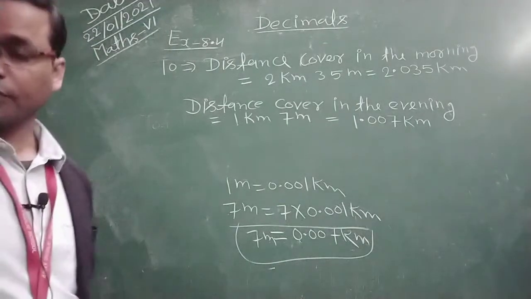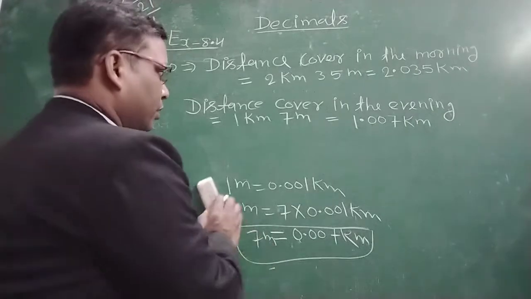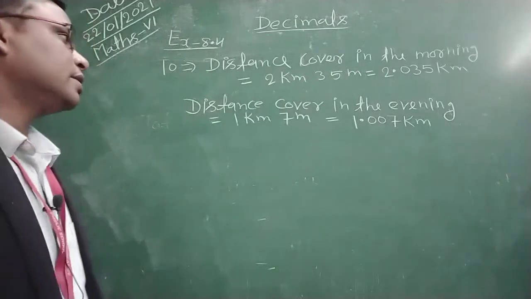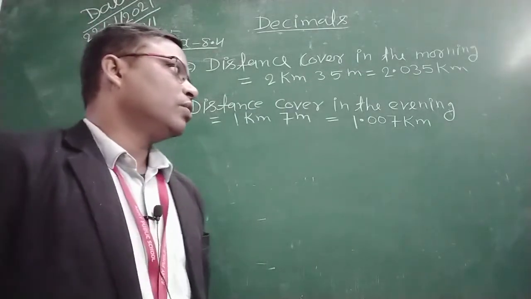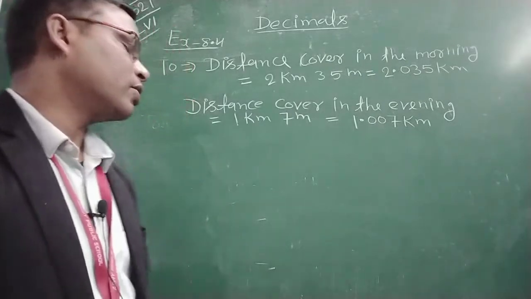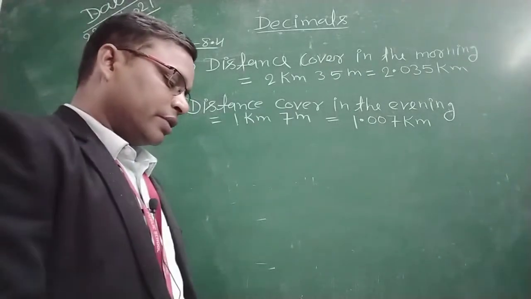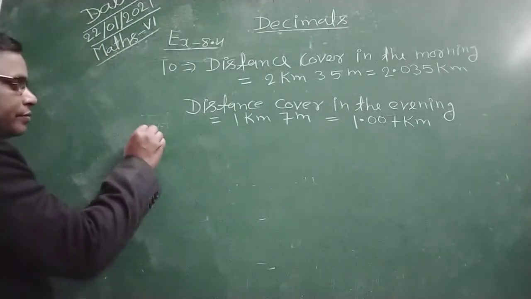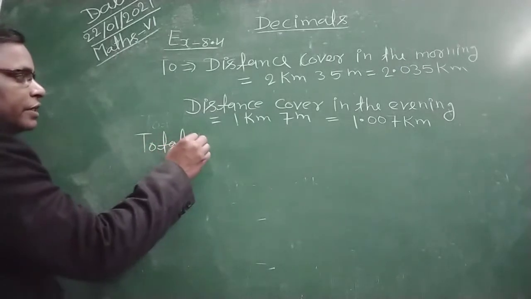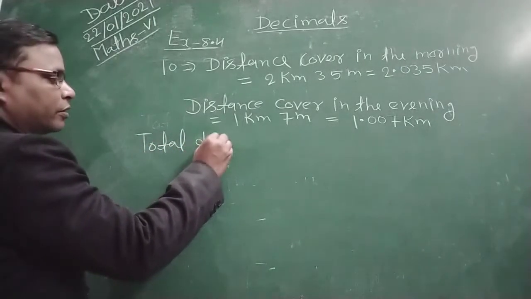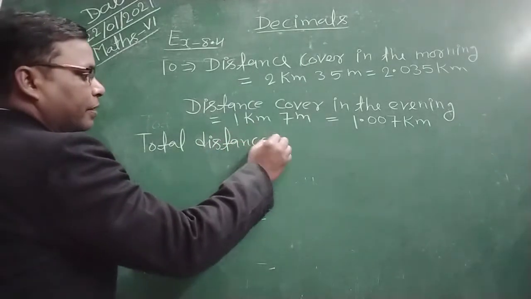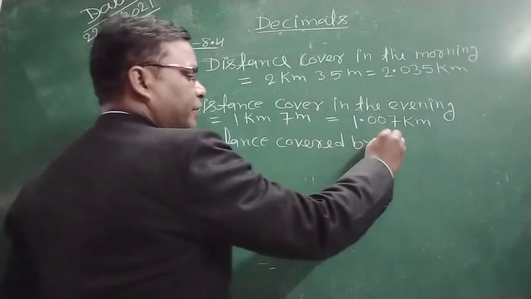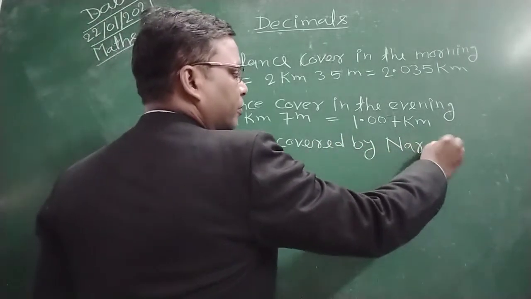Now we can see here we find the distance in the evening. Distance covered in the evening by Naresh is 1.007 kilometer. Now we need to find the total distance covered by Naresh. So you write the total distance covered by Naresh.